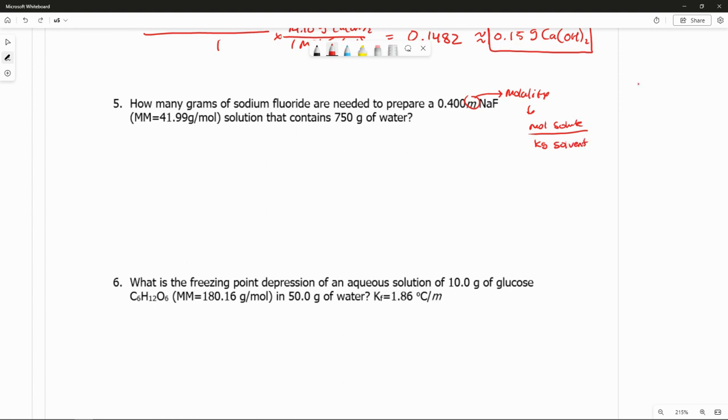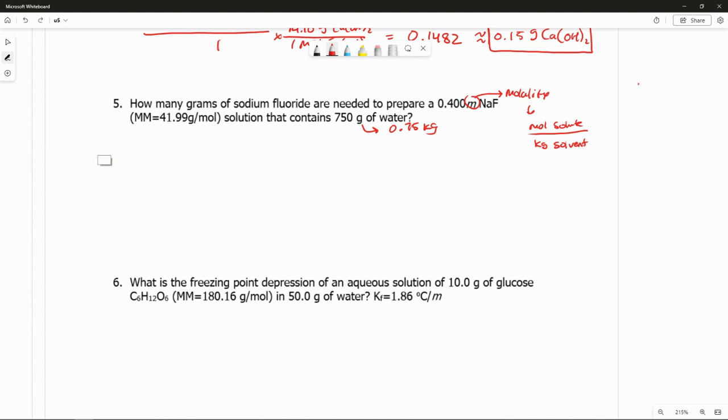All right, with this information, we have to figure out the moles based on our kilograms, which we can convert from our grams, and our given molality data, much like question 4. So we have 750 grams, which is 0.75 kilograms. Then we're going to set this up using our molality equation.